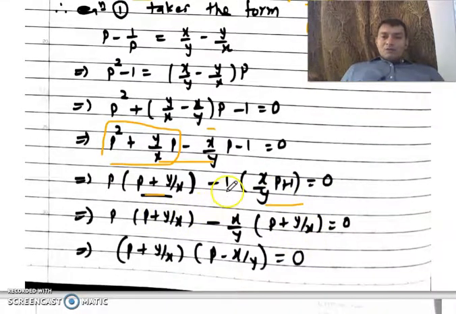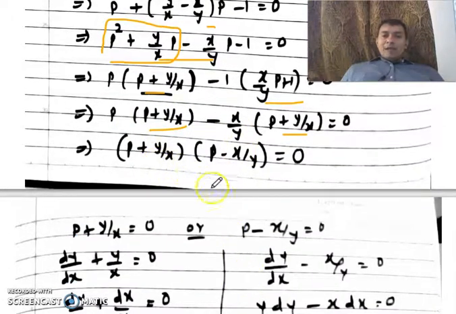Here you can observe that p plus y/x is what we want. That means I want the coefficient of p to be equal to 1, so I have to take x/y as common. So it is going to be p plus y divided by x is equal to 0. Now we can say this is common, and then we have p minus x/y. So we have the two factors.